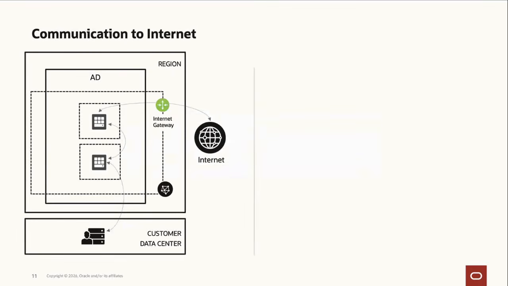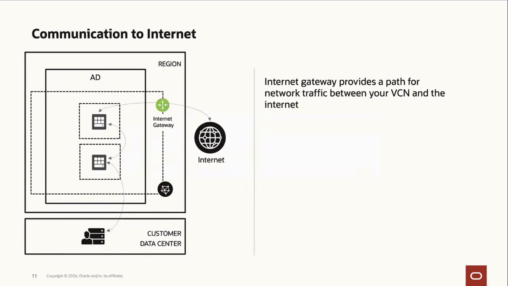All right, so next we will talk about gateways. The first gateway that we'll talk about is the Internet Gateway. The use case for internet gateways is if you need to communicate to the internet. The internet gateway provides a path for network traffic between your VCN and the internet. You can only have one internet gateway for a specific VCN.